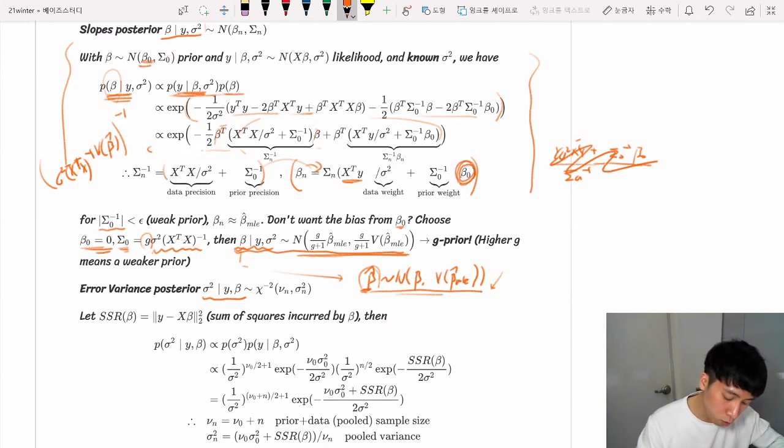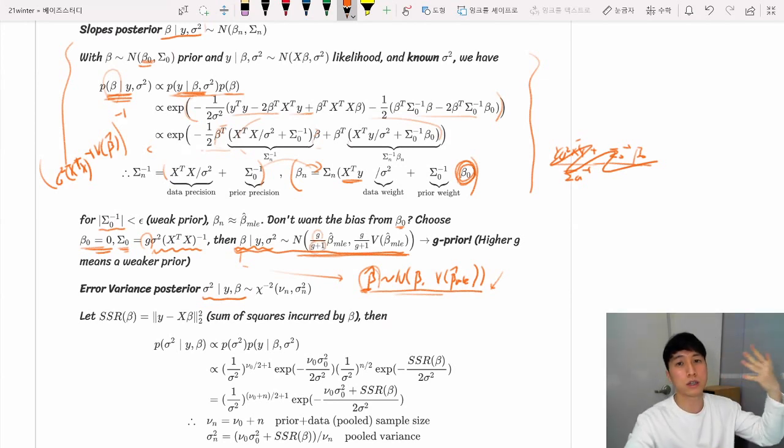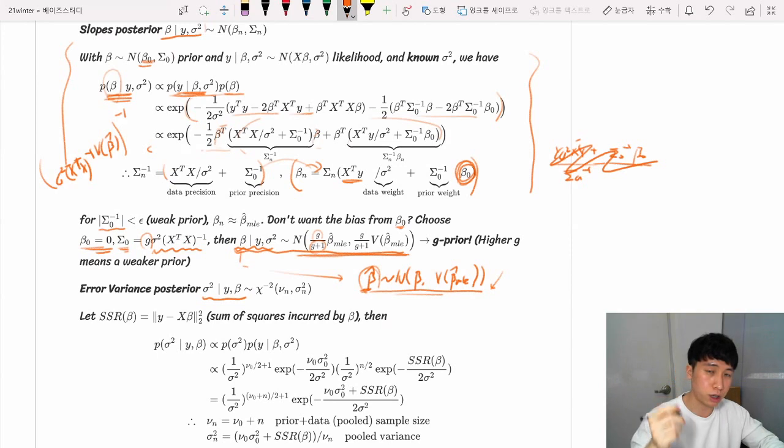The role of the scale factor g is that if you set g to be very, very large, then g plus 1 over g would be more and more like 1, and in that sense, we say a higher g means a weaker prior. It means that your prior knowledge affects the posterior distribution less. On the contrary, if you set g to be 1 or something smaller, then your posterior mean for beta would be very small, and your variance will also be very small.